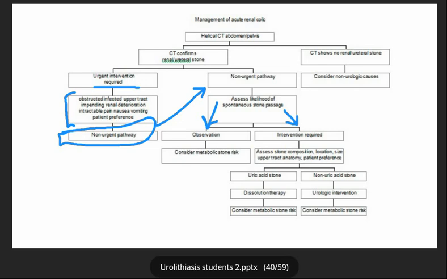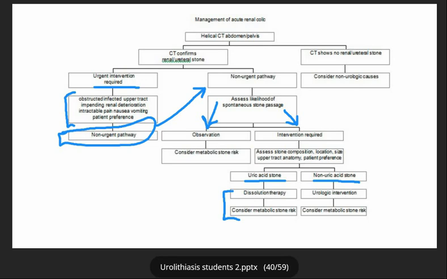And the intervention depends on the type of the stone. Is it a uric acid stone or a non-uric acid stone? Uric acid stones, as I mentioned before, usually form in acidic urine, so the pH of the urine will be around 5.5. So what you have to do is alkalinize the urine by giving medication with citrate that can make the urine more alkaline, so the uric acid stone will dissolve.